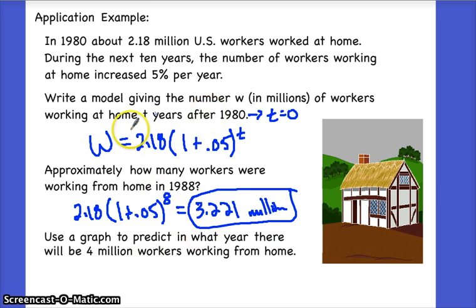The last thing we can do is, since we do have a nice model there, we can use that to predict how long it will take to also end up with 4 million workers. Now realize that means we're saying 4 equals 2.18 times 1 plus 0.05 to the t. Since we don't know how to solve these equations yet, we'll get to that in a later section. One thing we can do is go onto a graph.